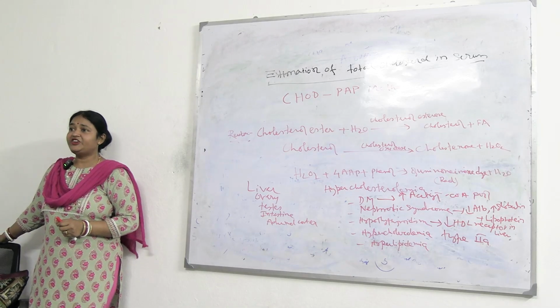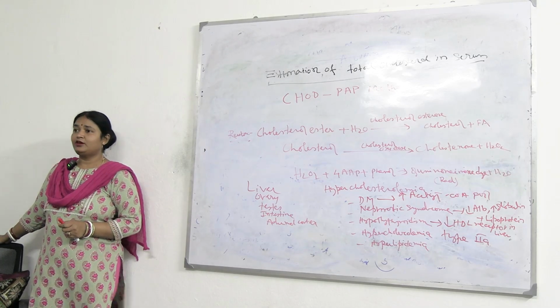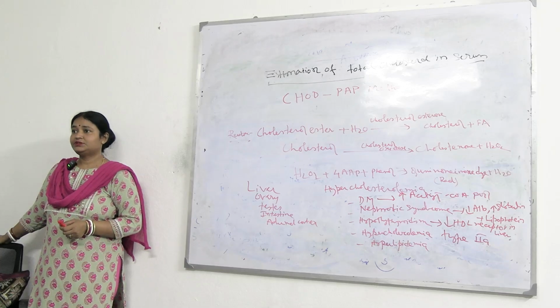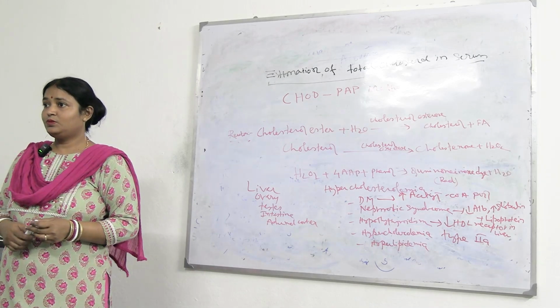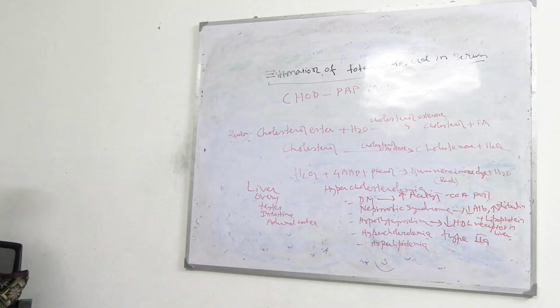In diabetes mellitus, there will be an increased pool of acetyl-CoA that will go for cholesterol formation. In hypothyroidism, decreased HDL receptor in the liver means cholesterol excretion is not proper, so there is increased cholesterol in the blood.